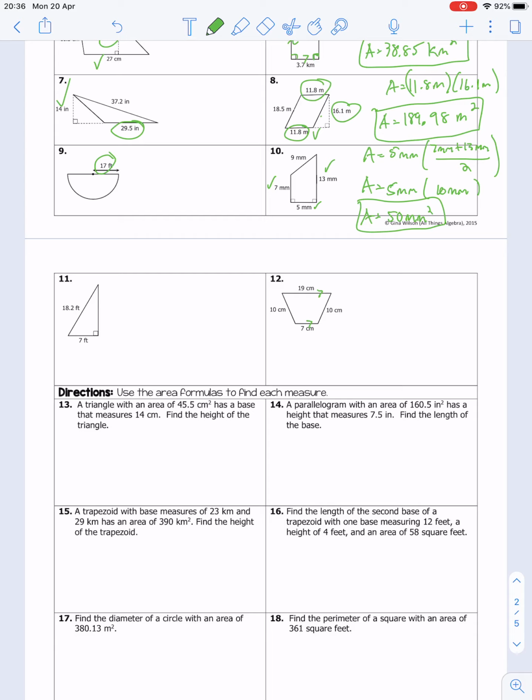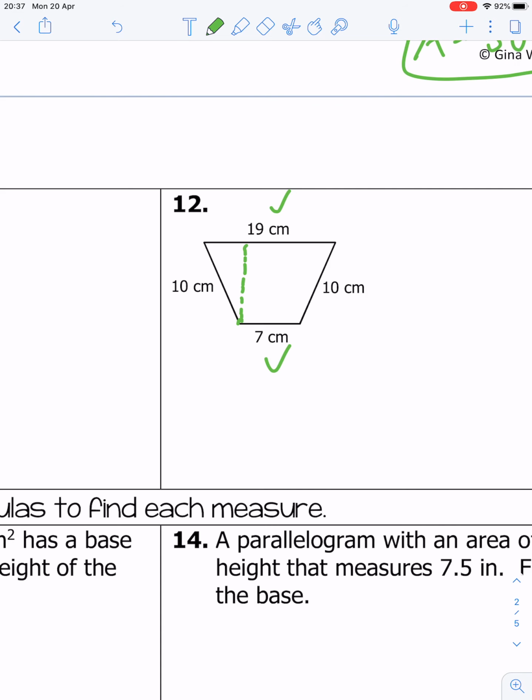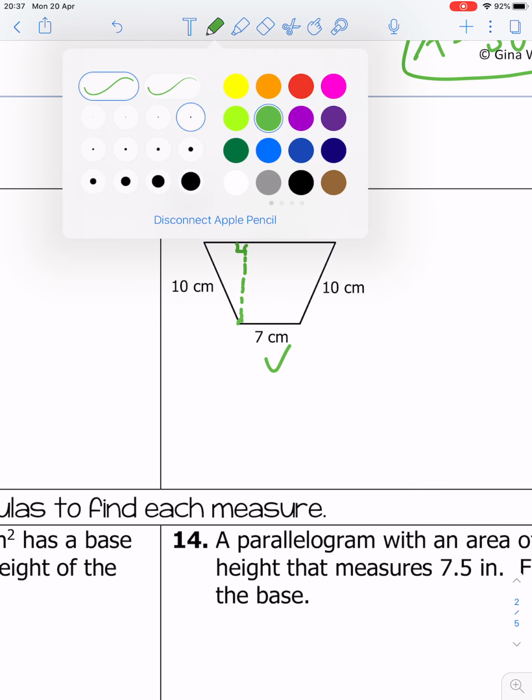Number 12, this is a trapezoid. These are parallel. We know that because these sides are the same. That's something we'll learn later. We have the bases. Base, base. But we need the height. So I'm going to need to zoom in for this one. So we need to find what this value is.